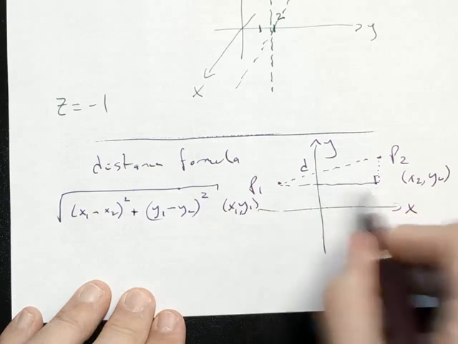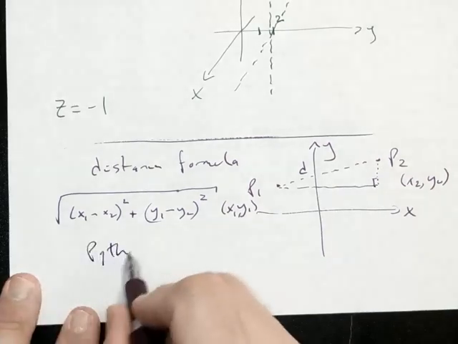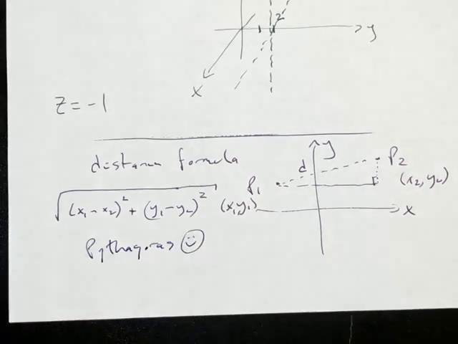And this distance is the change in x, and this distance is the change in y. That's exactly, it's Pythagoras. Wonderful, beautiful, marvelous. I love it. How do I do it in 3D?